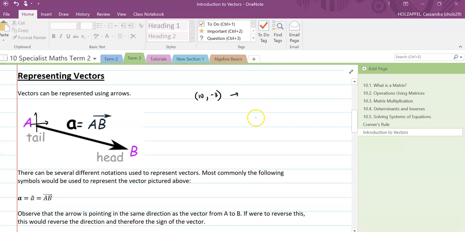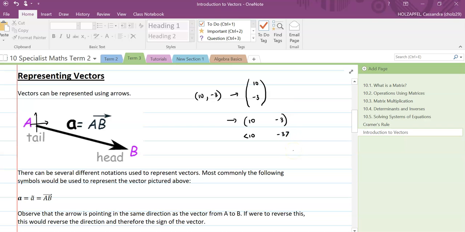To represent it using the vector notation, we can do it using, like I said, a column vector. So we have 10 and negative 3. Or we can do that using a row, as 10 and negative 3. Sometimes we may also see these arrows that can be used to contain the vector.